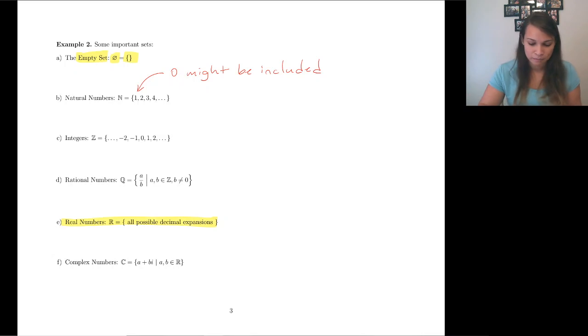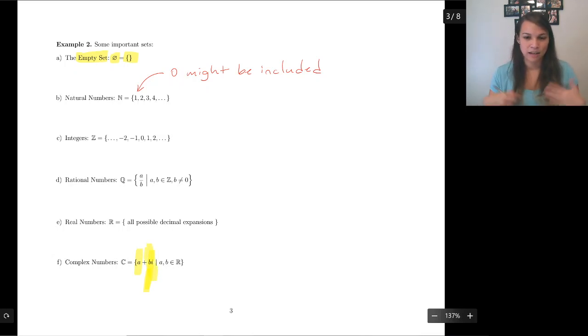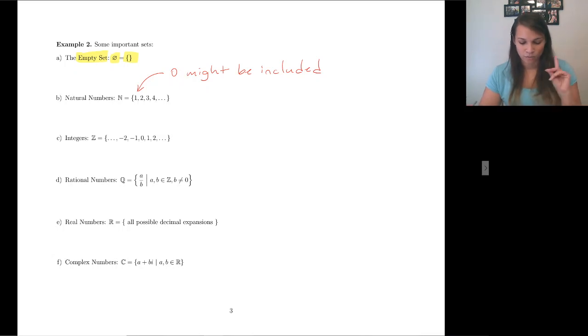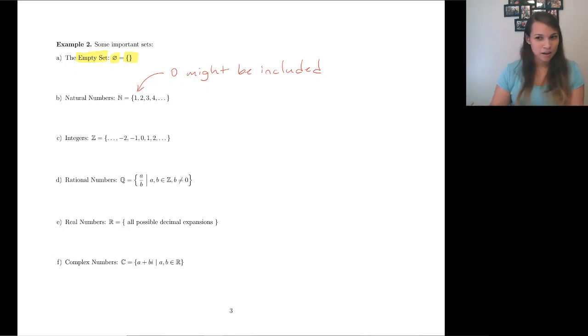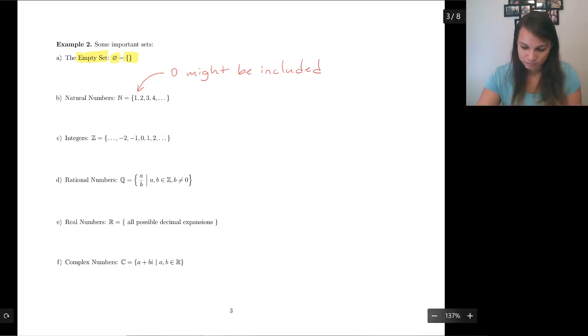And then complex numbers are just numbers that have this extra piece of an i. So any real number plus something involving i would be a complex number. Indeed, real numbers are actually part of the complex numbers, just like natural numbers are a specific part of integers.